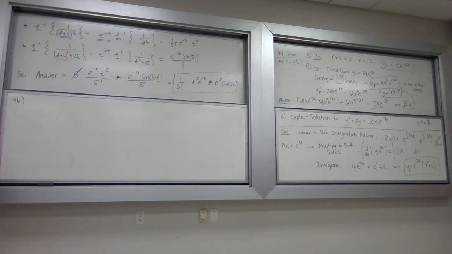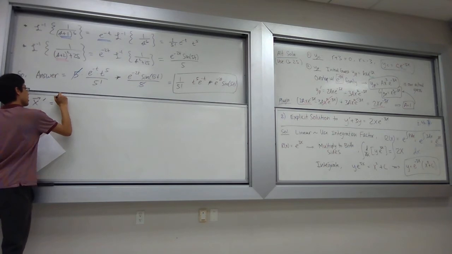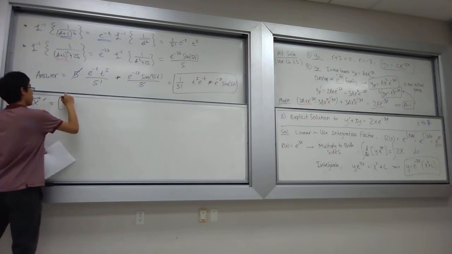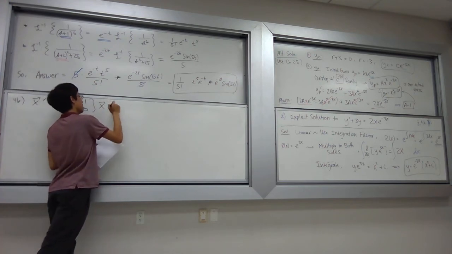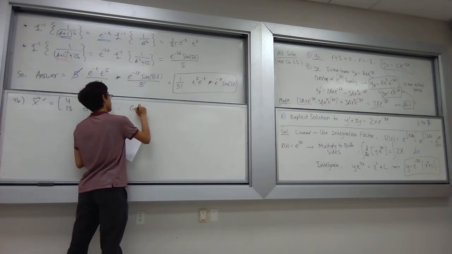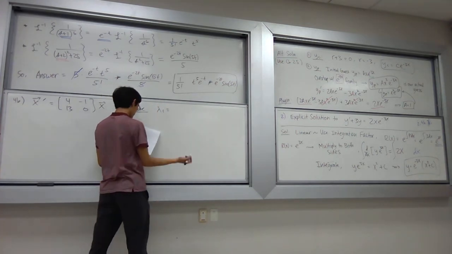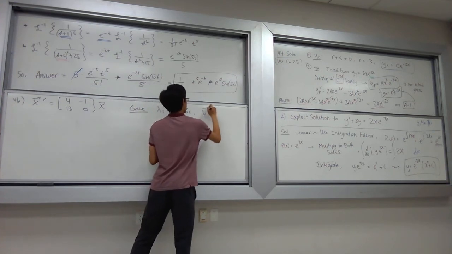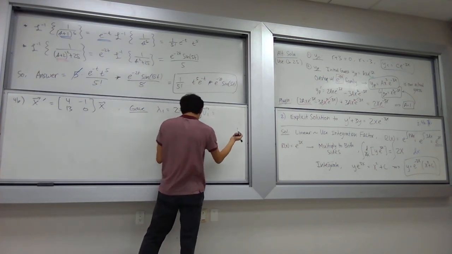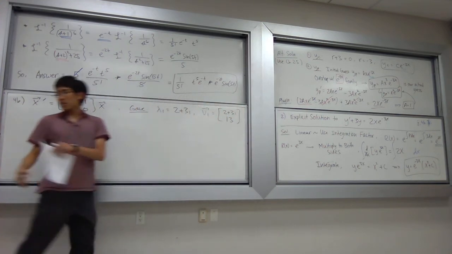the matrix is given by x prime equals [4, -1; 13, 0] x. And he gives one of the eigenvalues to be 2 plus 3i, and its corresponding eigenvector to be (2 plus 3i, 13).